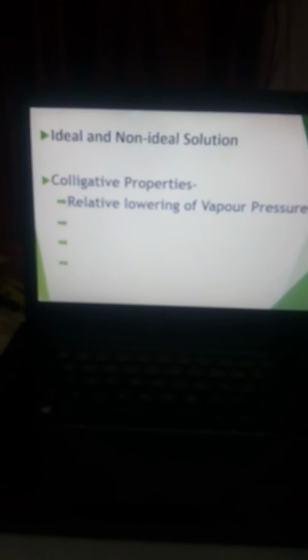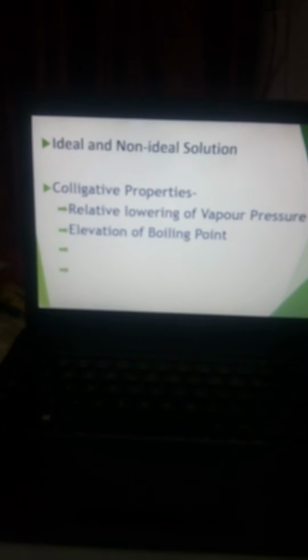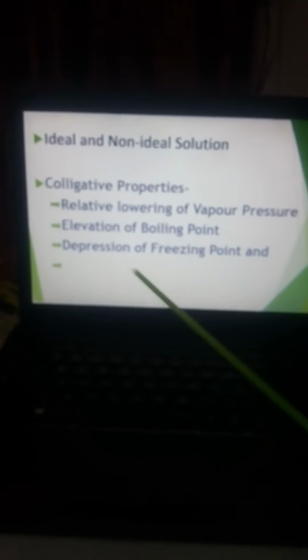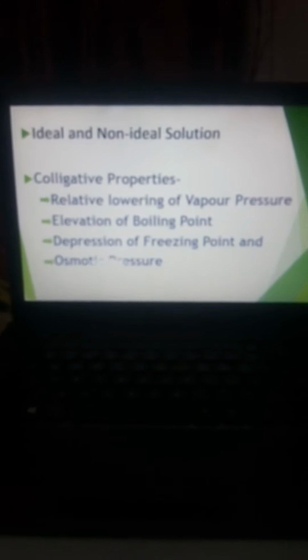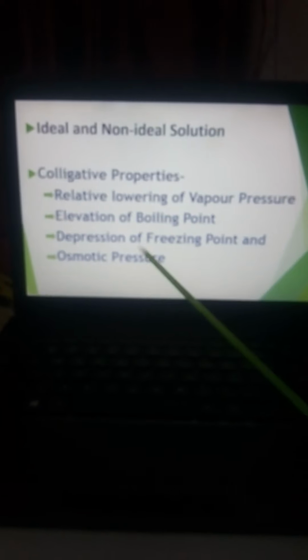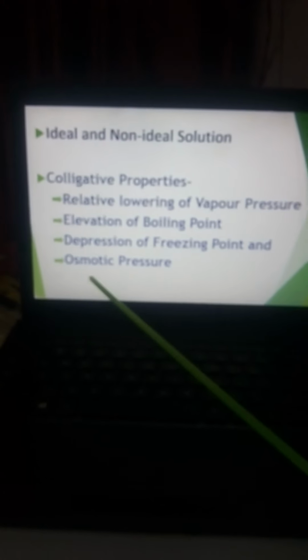Next, colligative properties. We have four colligative properties. Number one, relative lowering of vapor pressure. Then elevation of boiling point. Next is depression of freezing point. And last is osmotic pressure. These are the four colligative properties we have to study.